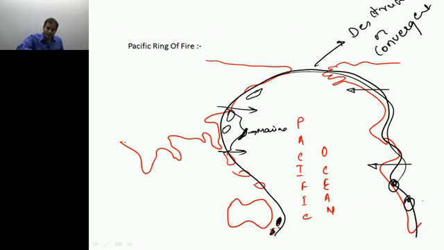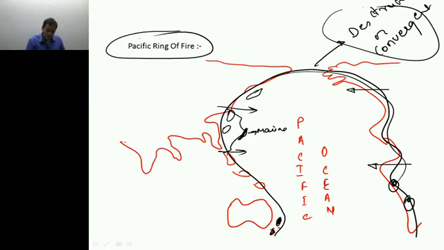Now, this entire area is represented by a destructive or convergent plate boundary, where two plates converge, and as a result, this area is one of the tectonically most active areas. Due to this, there is continuous volcanic eruption, continuous mountain building, and continuous earthquakes in this region, and hence this region is known as the Pacific Ring of Fire.